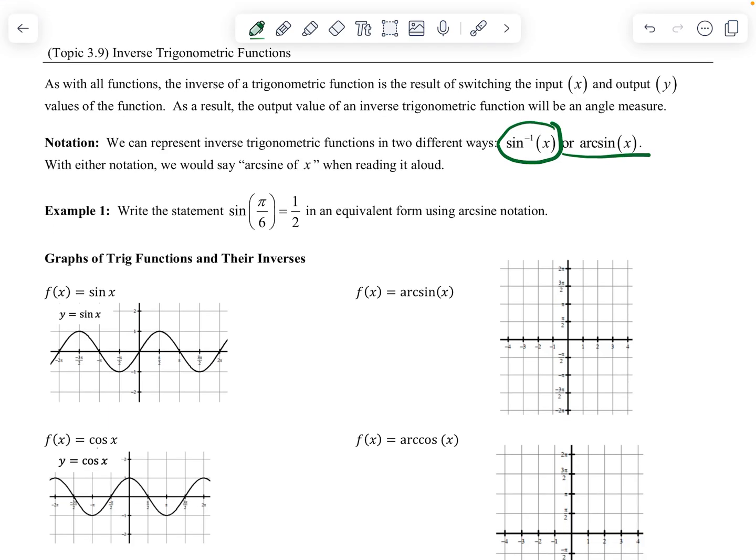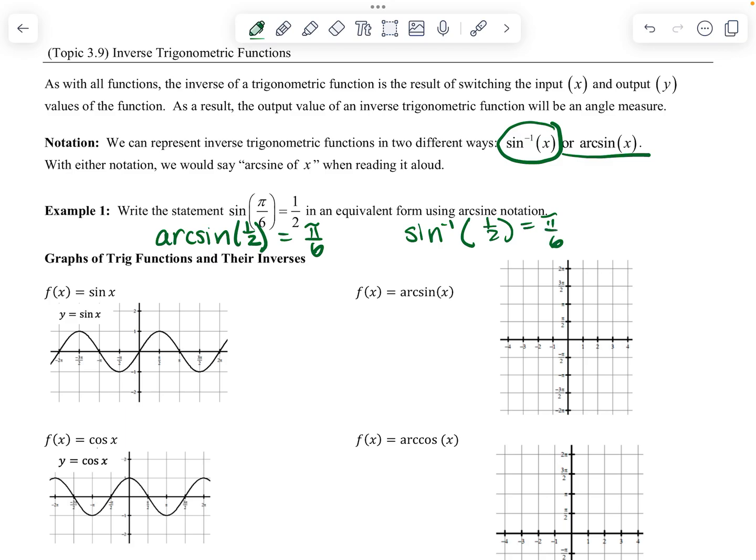If I asked you to write the statement pi over 6 equals 1/2 in equivalent form using the arcsine notation, we would write the arcsine of 1/2 equals pi over 6, or the inverse sine of 1/2 gives you pi over 6.